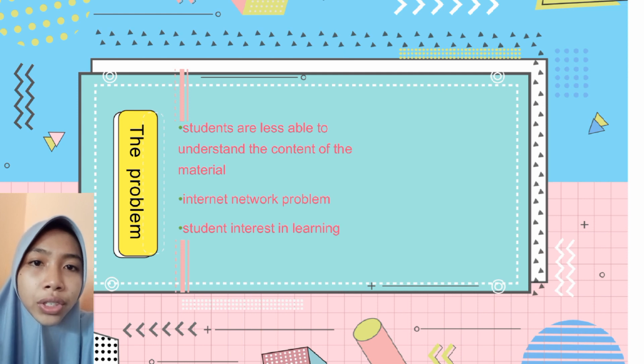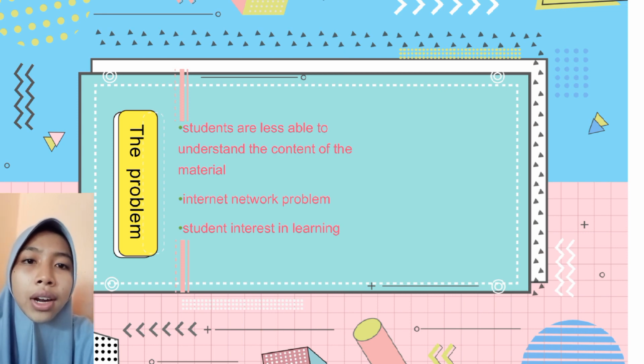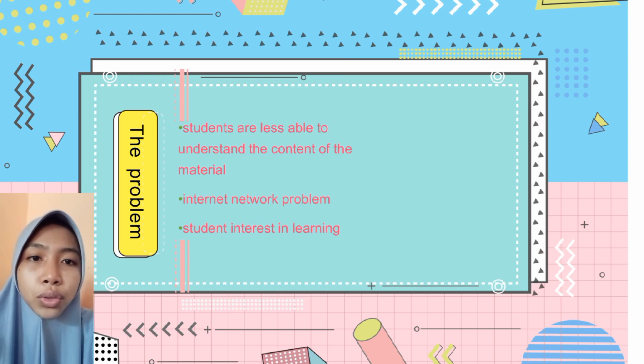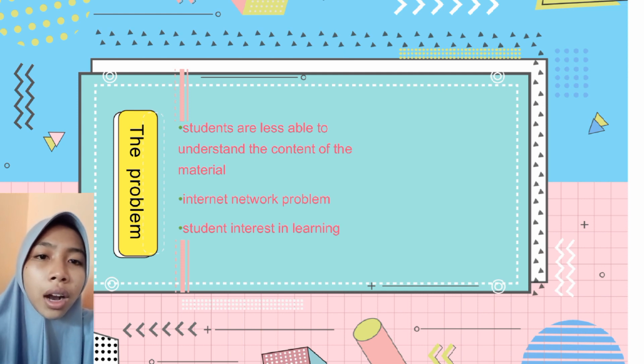Among them, the first, the teacher must be able to arouse the attention of students on the subject matter, and use a variety of media and various learning research. The second, the teacher must be able to arouse the interest of students to be active in thinking and seek and find their own solutions to the problems they face.